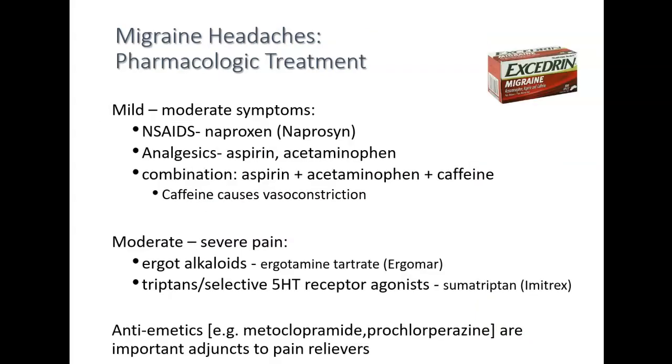So again, this is sort of a repeat. Some people like Excedrin Migraine, which is a combination of aspirin, acetaminophen, and caffeine. Caffeine causes vasoconstriction. That's why if you've ever tried to cut caffeine out of your diet and just go cold turkey, probably within a day or so, you'll have a whopping headache.